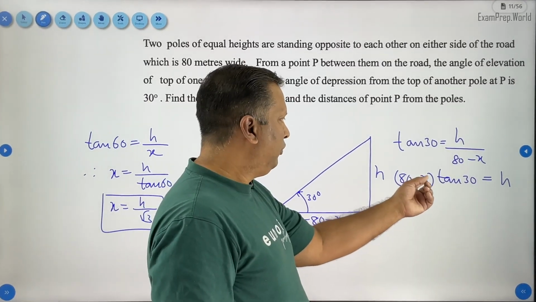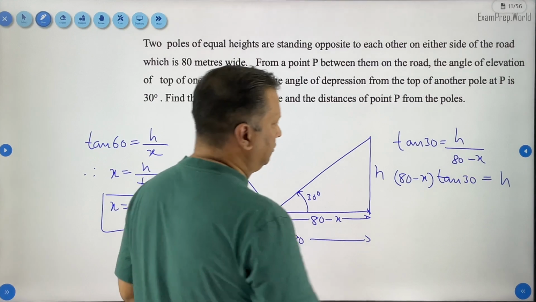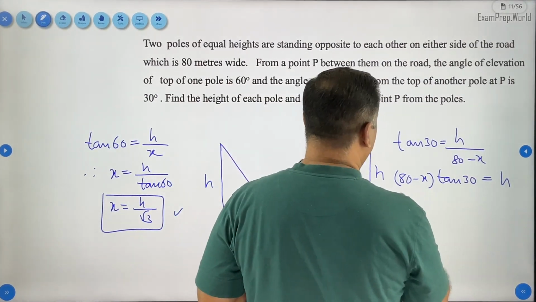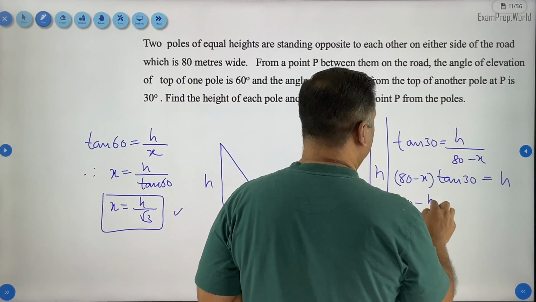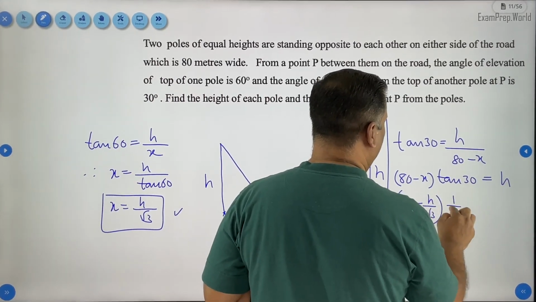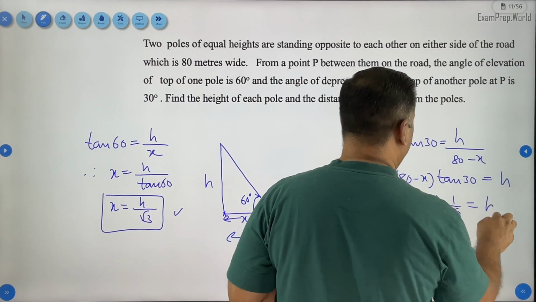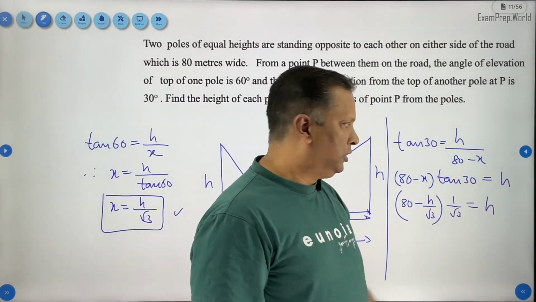But what is the value of x here? x is h upon root 3. Input it there. 80 minus h upon root 3, and tan 30 is also 1 upon root 3, equals h. So here one more h is there, so we have to take that on the other side.